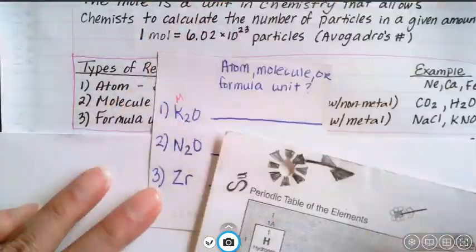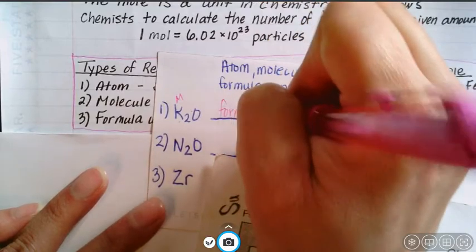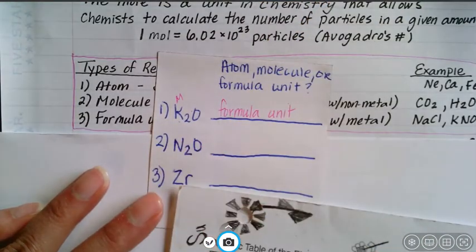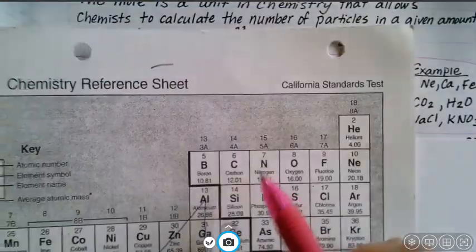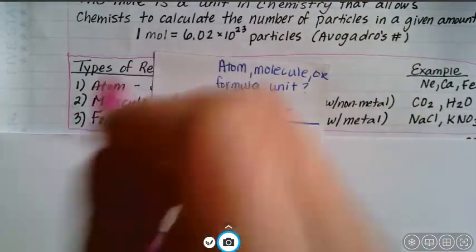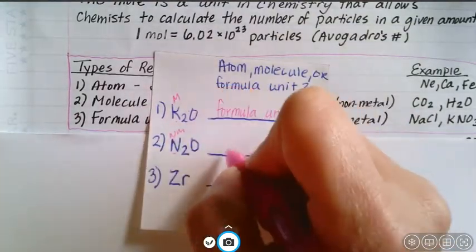As soon as I see that it starts with a metal, I know this is a formula unit. All right, next one, N2O. We're looking at this one. What does it start with? It starts with nitrogen. Nitrogen is over here to the right of that staircase. That's a nonmetal. This is a molecule.